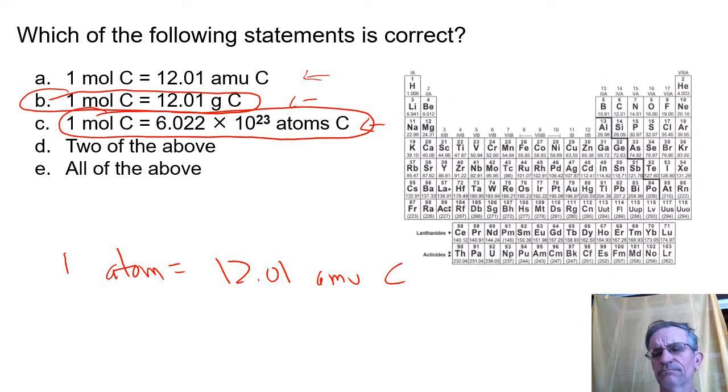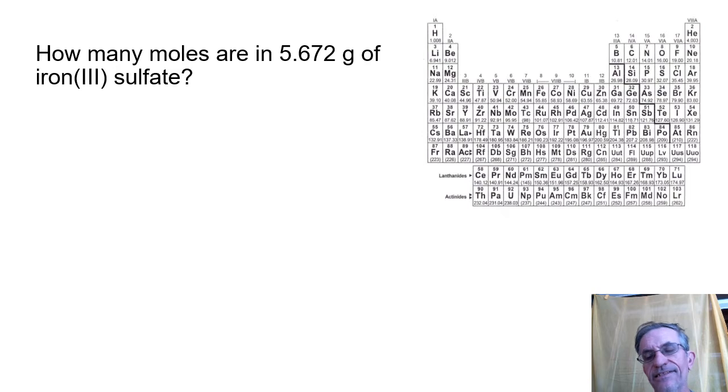A lot to keep track of in your head, isn't there? Let's do a little math example. All right, so our first example in our little review, a few more with moles. How many moles are in 5.672 grams of iron(III) sulfate?